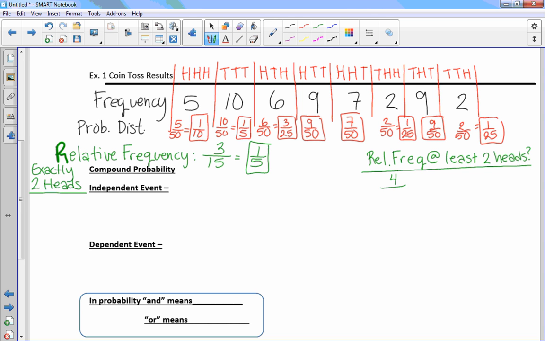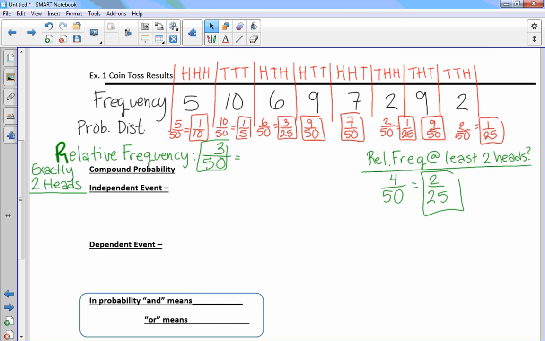I think the denominator actually should be our total frequency, which was 50. This should have been a 50 instead of 15, because our total flips were 50. So 3 out of 50. And this one's 4 out of 50, which would be 2 out of 25. Okay, I think that's about as far as we can go because we only have a couple minutes to go.